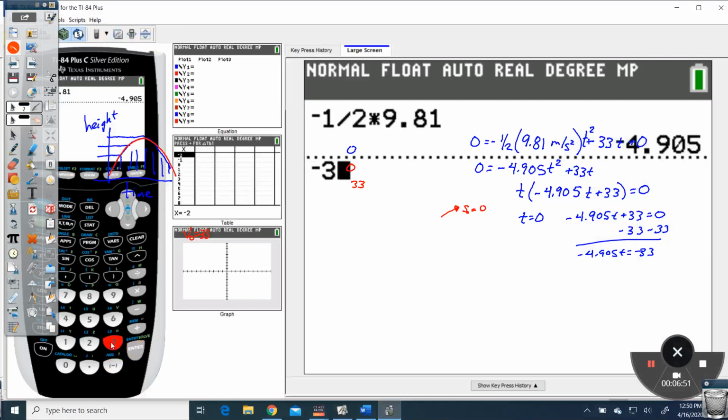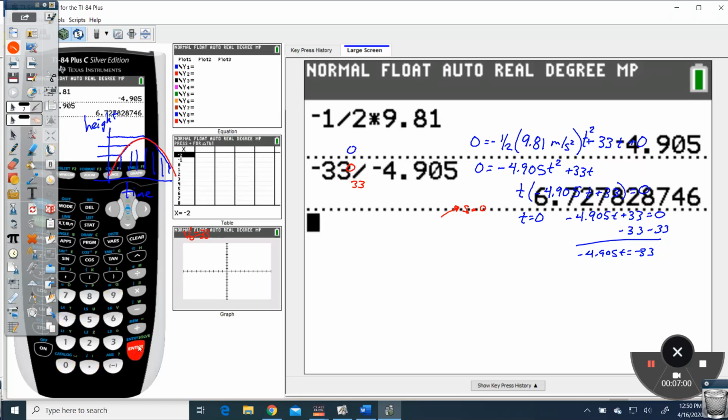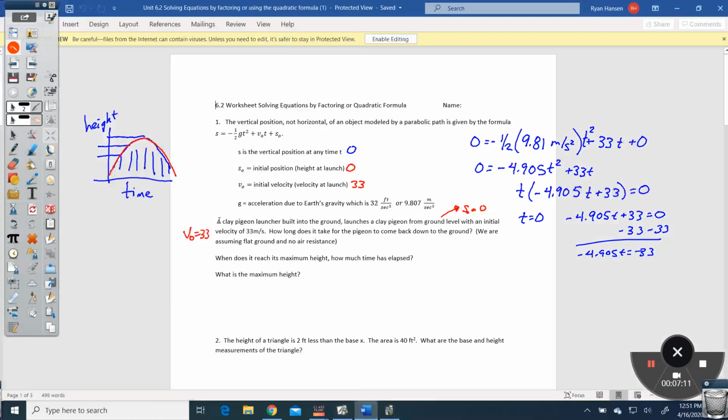So negative 33 divided by negative 4.905. And that's 6.73. t equals 6.73 seconds.